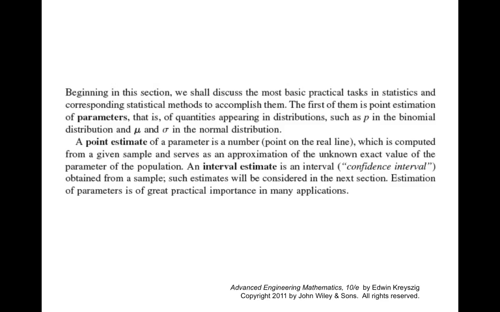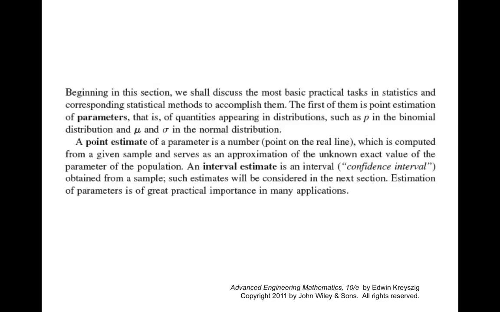So we talked before about how if we wanted to make some statement about the average height of women in Nigeria, we would not want to measure the height of every woman in Nigeria. We would want to measure the height of a sample population and then generalize that to the population. So it's important to keep in mind when discussing statistical representations that you are talking about a given sample and not the entire population.